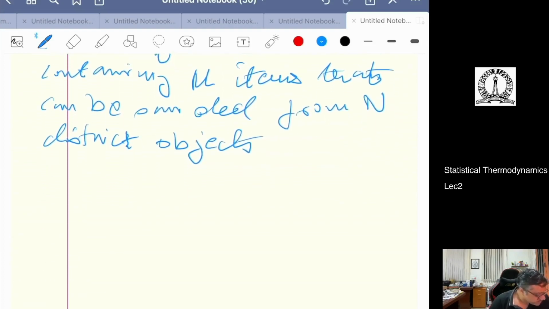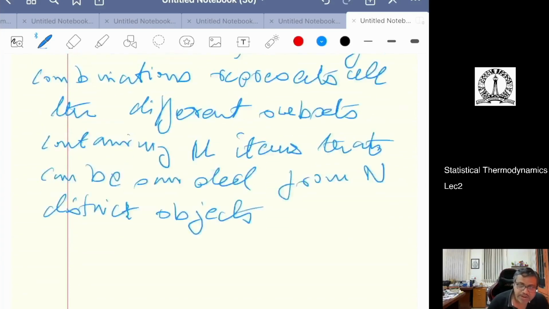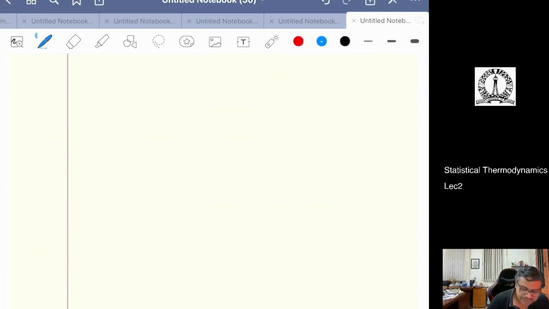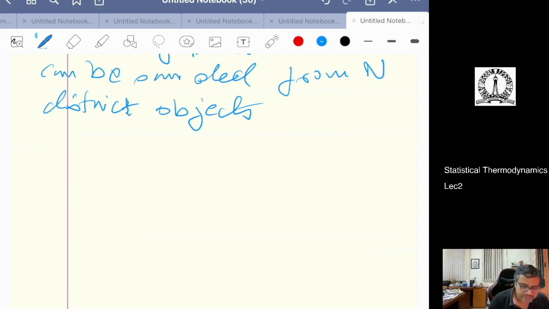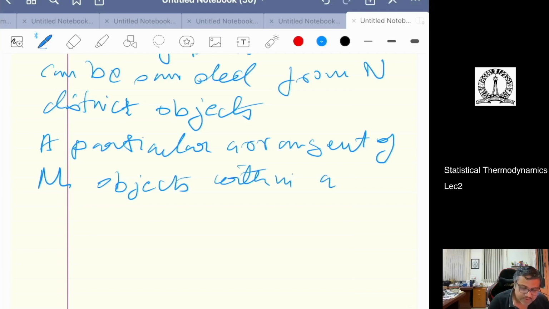Okay. It should be remembered here, to look at it carefully, that any particular arrangement of m objects within a subset is irrelevant.